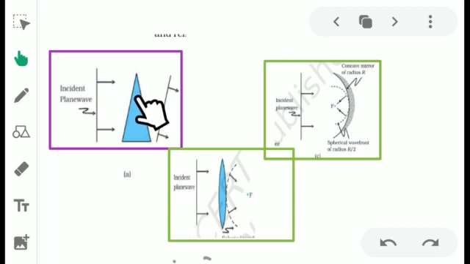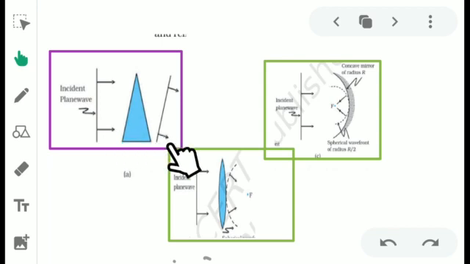Prism is made up of a material which has more refractive index than air. So here the speed is less, here the speed is more. So this portion has to travel more distance through air, so it can go more distance. And on the base side, it can travel less distance only because this portion is thick.